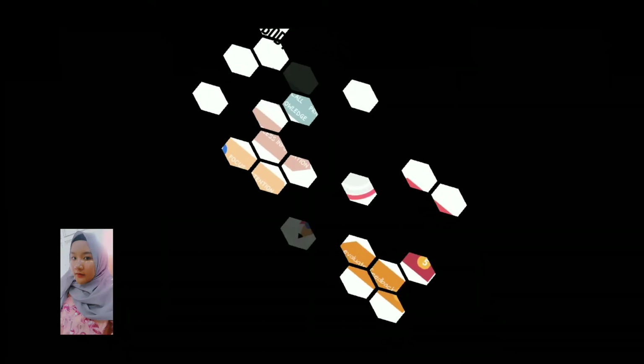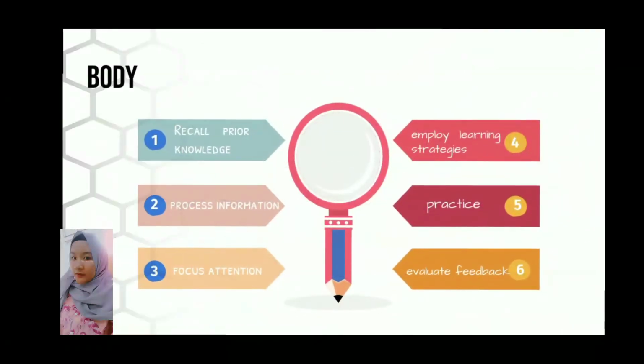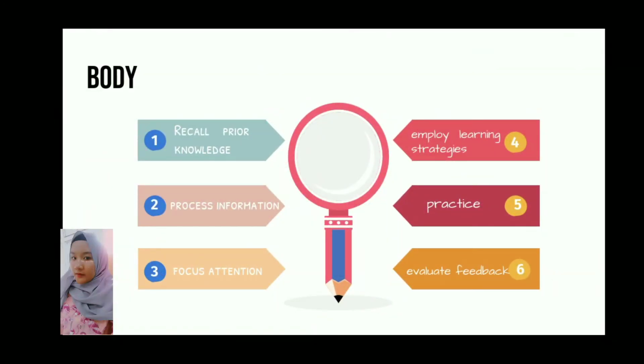Now, let's move on to the body. In this part, there are 6 steps or 6 events. First one is recall prior knowledge. What does it mean? It means that learners are stimulated to retrieve knowledge from long-term memory that is necessary or helpful in learning the new objective.